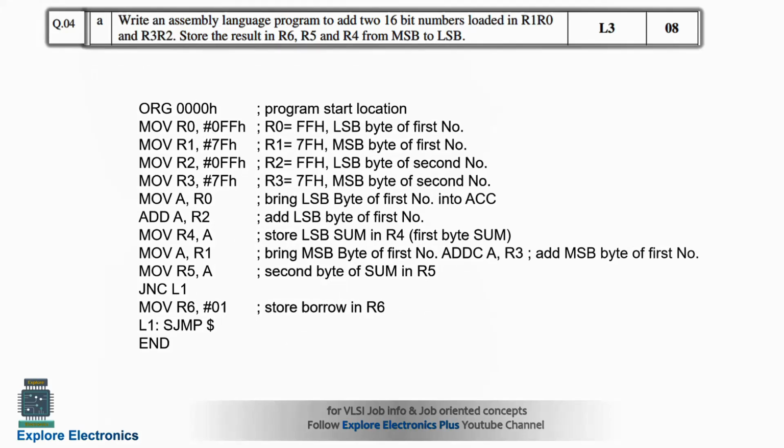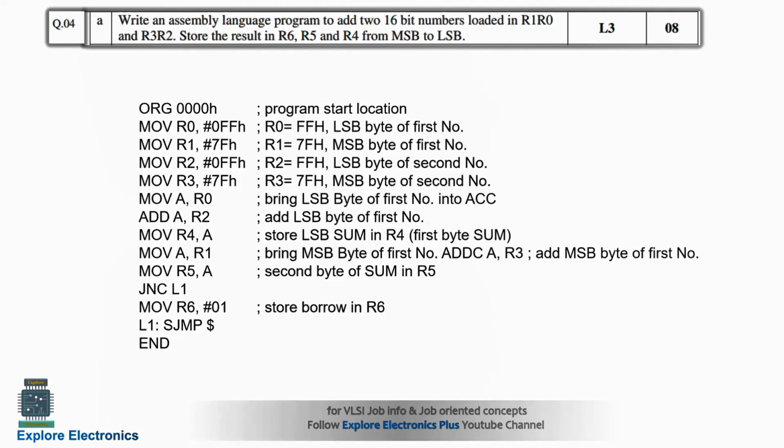Write an assembly language program to add 16-bit numbers loaded in R1, R0 and R3, R2 and store the result in R6, R5, R4 from MSB to LSB. Here you need to understand that you need to take two 16-bit numbers. So two 16-bit numbers in the sense we need to take the LSB byte and the MSB byte separately.